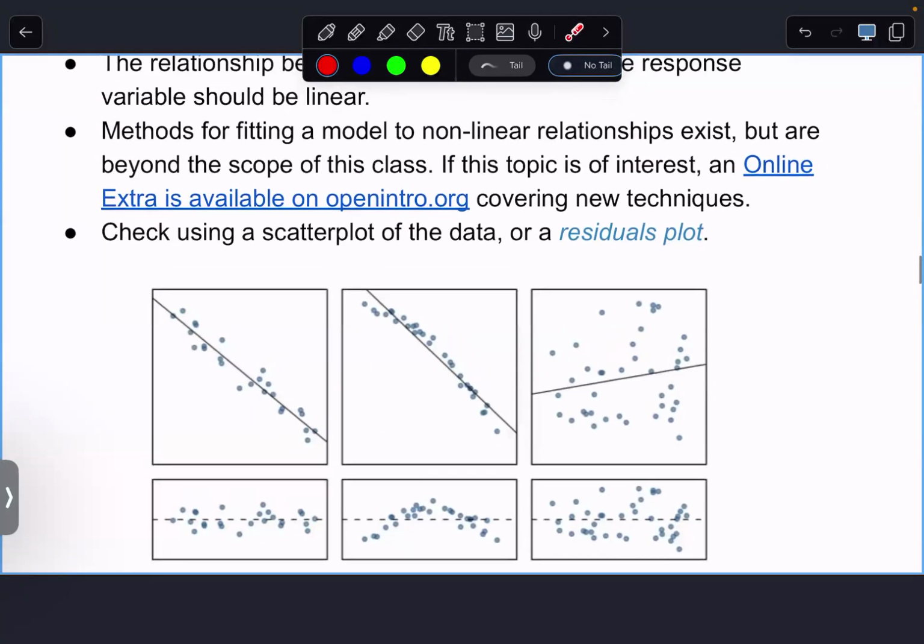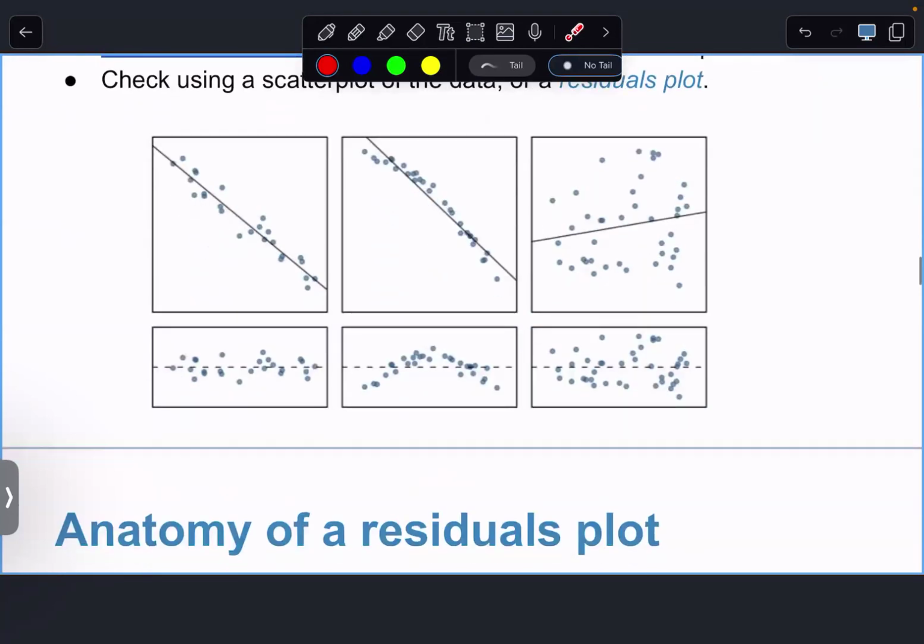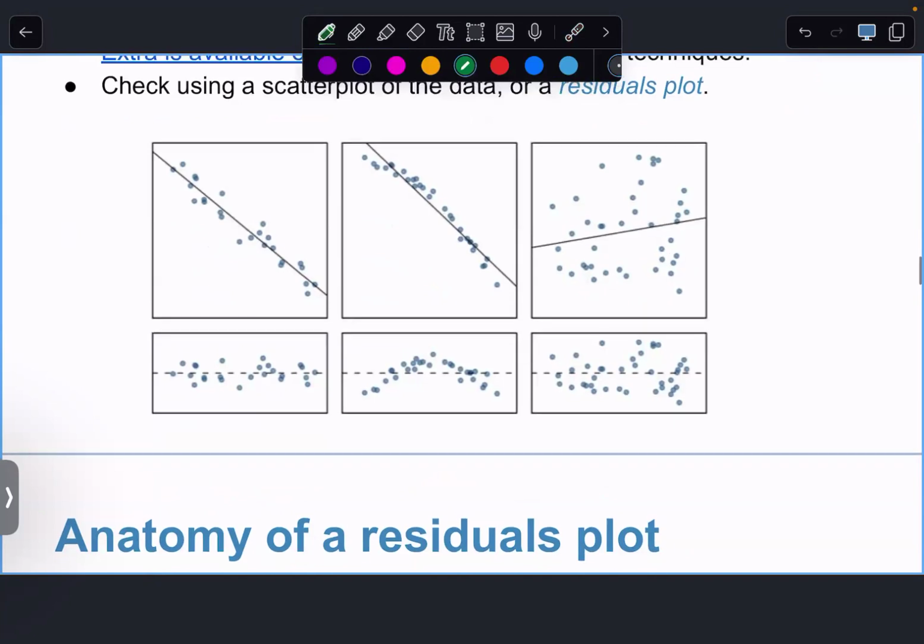We can check these conditions using what we call residual plots. Now, residual plots are going to be these little guys down here at the bottom. So here we have the original plots, with your response variable on the y-axis and your explanatory variable on the x-axis. It's the same for all three of these.